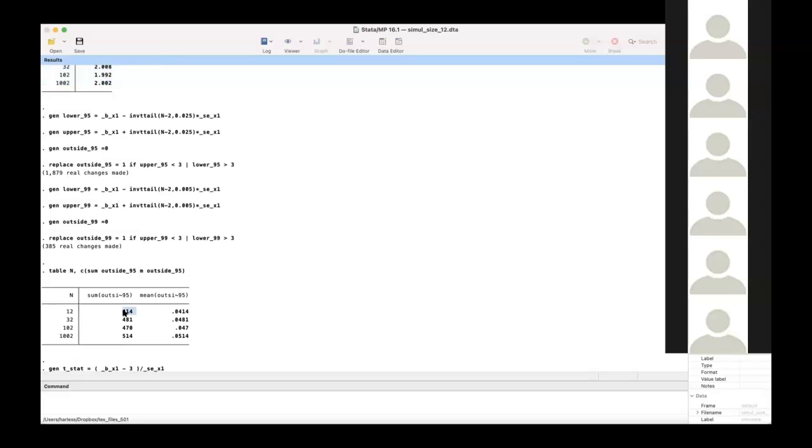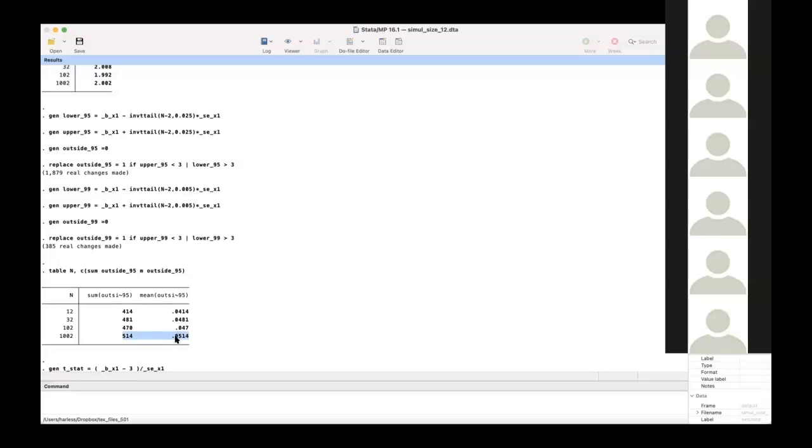Like here, with 12, it's not like it's ridiculously off, but that looks more like a 96% confidence interval, not a 95% confidence interval. We're closer and closer, and we're much closer to the mark when we get to 1,002.